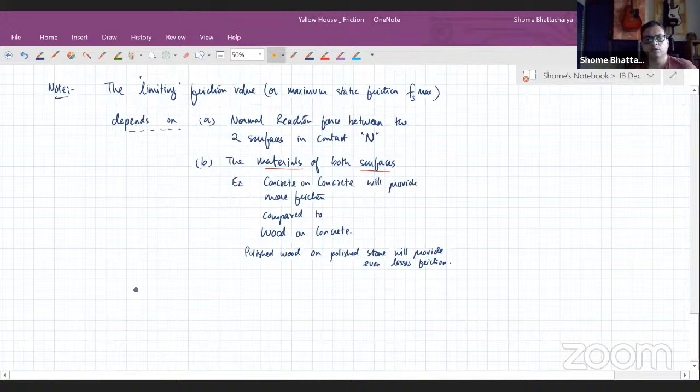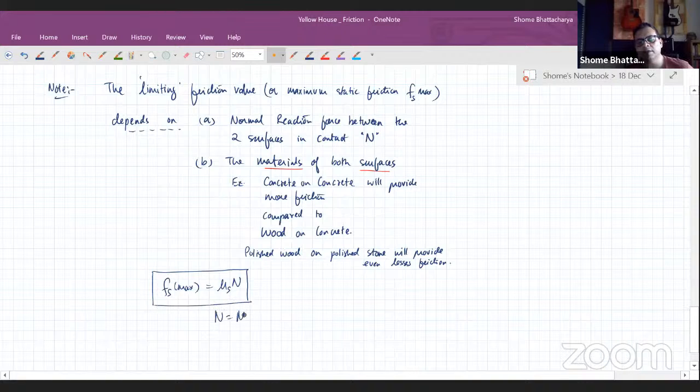Okay, so now let's come to the formula to understand this. This maximum static friction, or what we call limiting friction, is given by the formula µs into n, where n is the normal reaction force, as we discussed earlier, whereas µs is called the coefficient of static friction.